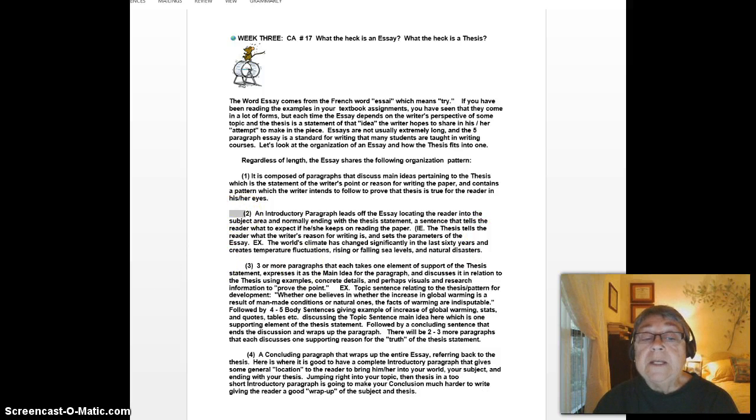So we begin with an introductory paragraph that leads off and locates the reader into the subject, and it goes on until it ends with the thesis statement, which is a sentence that tells the reader what to expect if he or she keeps on reading the paper.